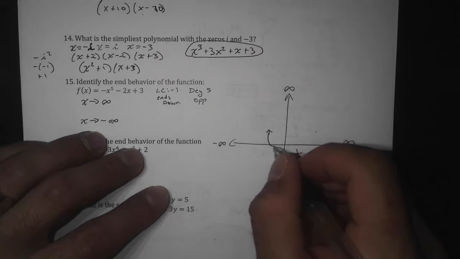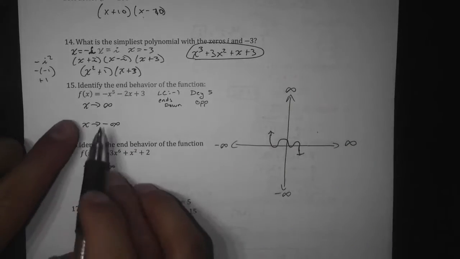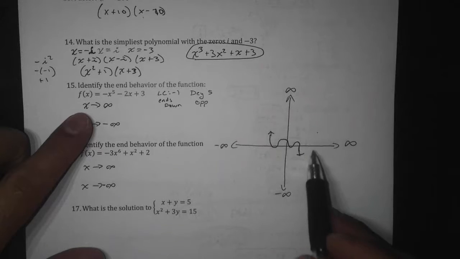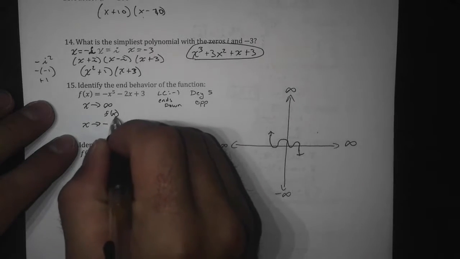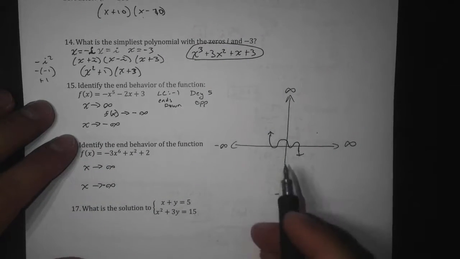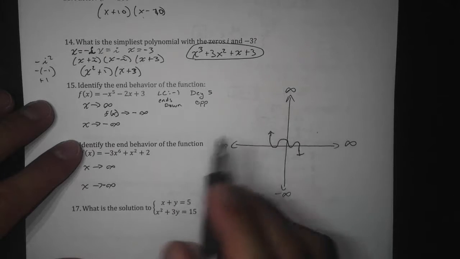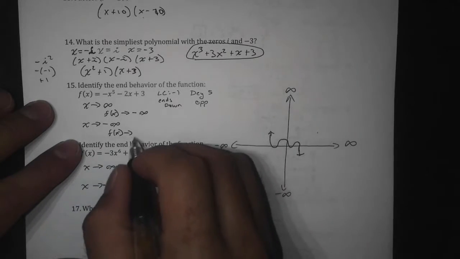We do not care what goes on here. So, when x is positive on this side of the graph, it's pointing down. That means the function goes to negative infinity. Negative is down. When it's negative, where is it pointing? Up. The function goes to positive infinity.